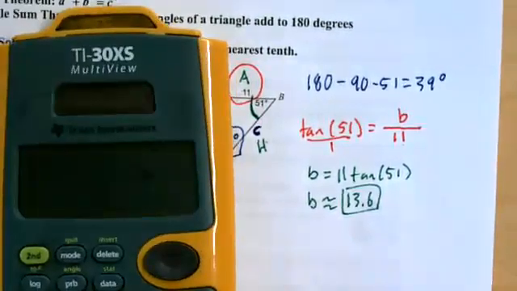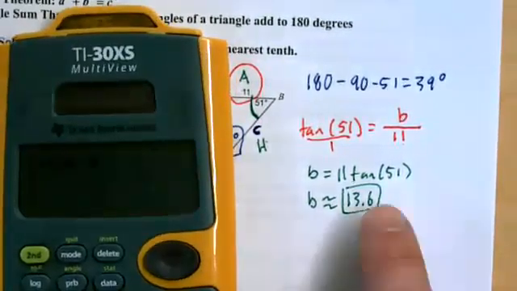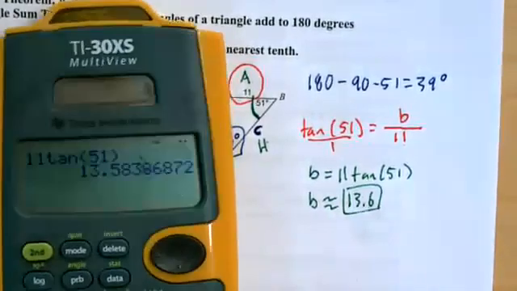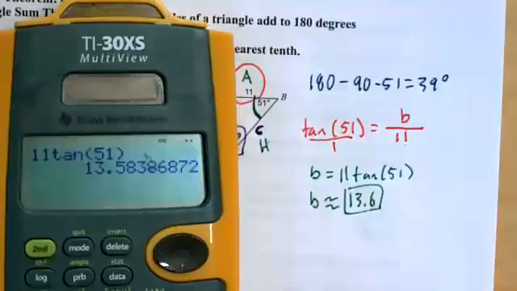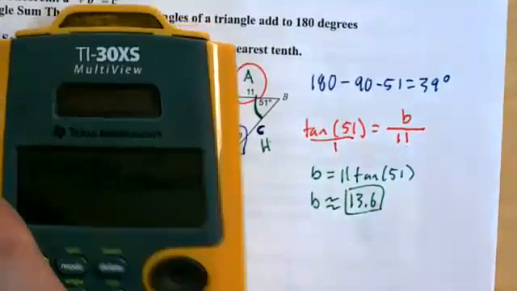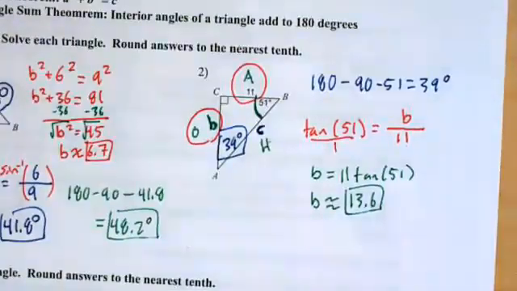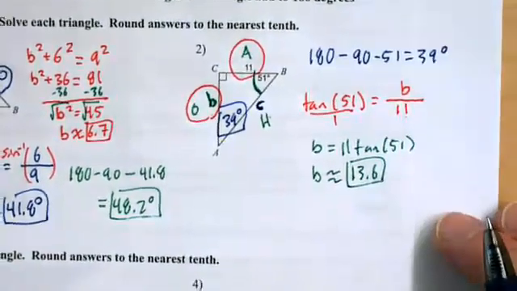Oh, 11, tan 51. 13.6. Are you getting something different? Oh, it's just rounding to the nearest whole number. Okay, you've got something going on in your calculator with rounding. We'll figure that out in a second. Call me over in a second and we'll look at that together.